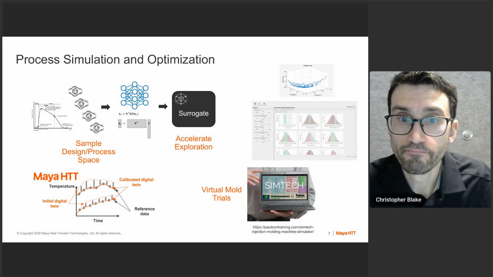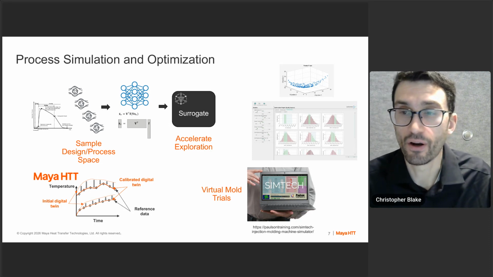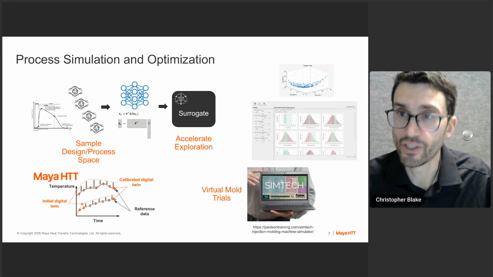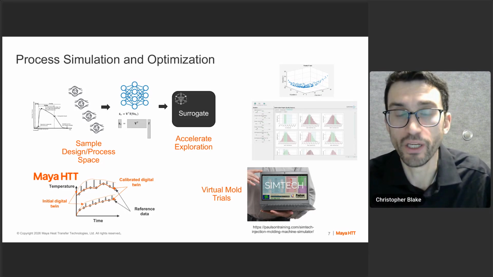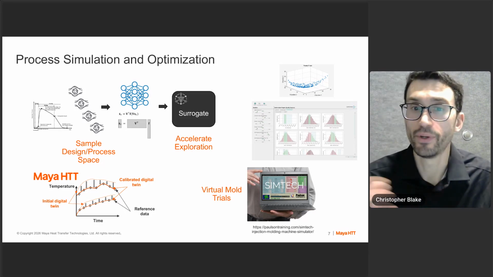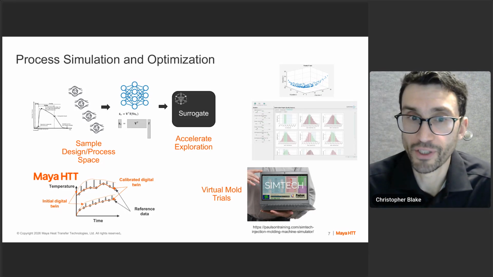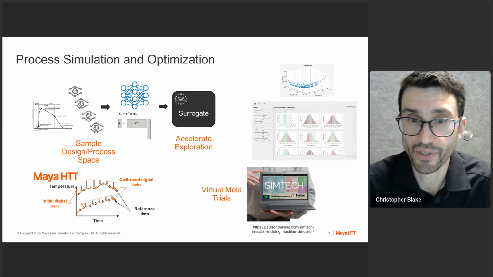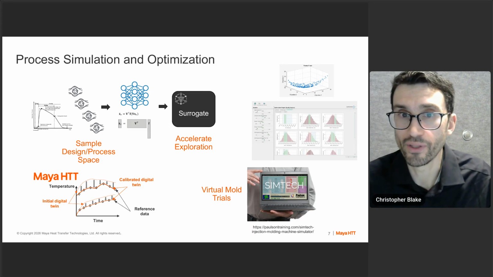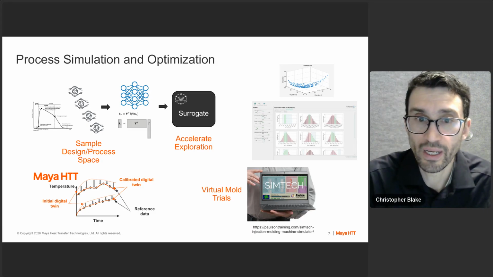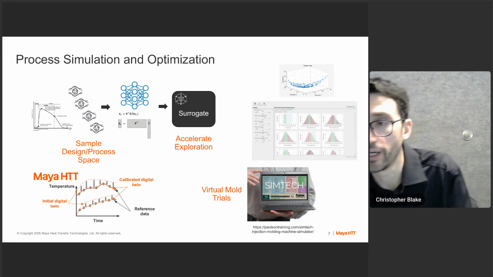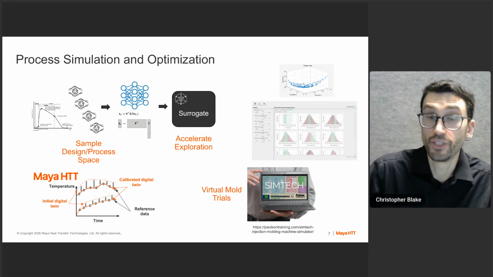The advantages of surrogates are that once they're trained, they're extremely fast and can be used to explore the parameter space of the production process quicker to help optimize it. Essentially, what you're doing once you have a surrogate is performing hundreds of virtual mold trials without ever actually going down to the machine.